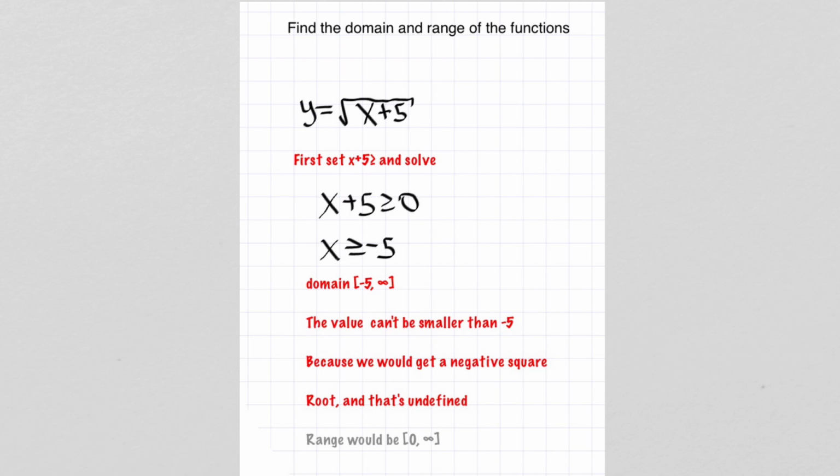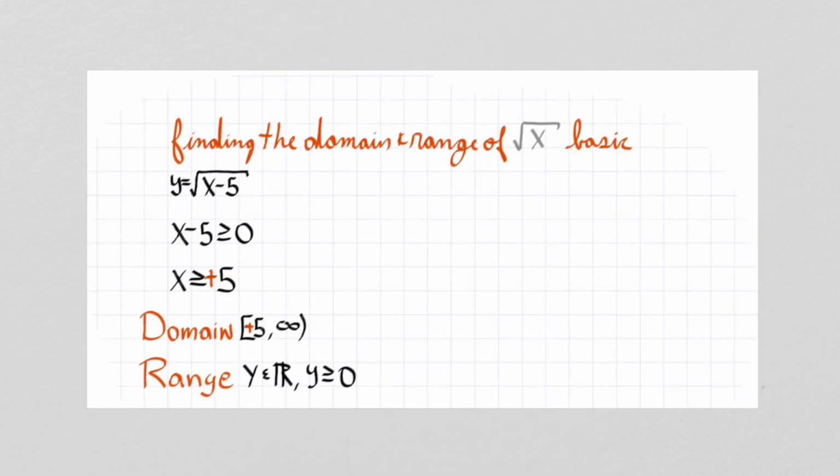Negative 5 is a value that if I plug in, I'll get y equals 0. But if I go past negative 5 and plug in negative 6, then it won't be defined anymore. Find the domain. Okay, so we just did that one.